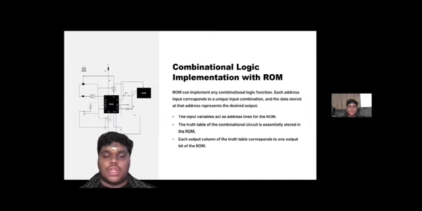In this way, the truth table of the logic circuit is stored inside the ROM. When we give our inputs, ROM reads the corresponding address and gives the output immediately. Because of this, ROM can implement any combinational logic function without any additional logic gates. This makes ROM a very flexible and powerful component for digital design.